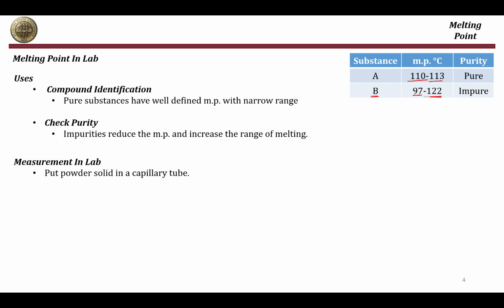How do you measure a melting point in the lab? Usually the powder, which is a solid, is placed inside a capillary tube. The capillary tube is attached to a thermometer, and then the thermometer and the capillary tube are immersed in oil and heated. And the solid inside the capillary tube is observed.